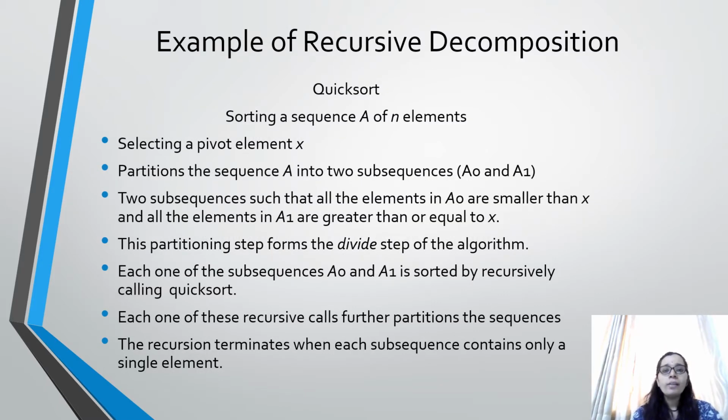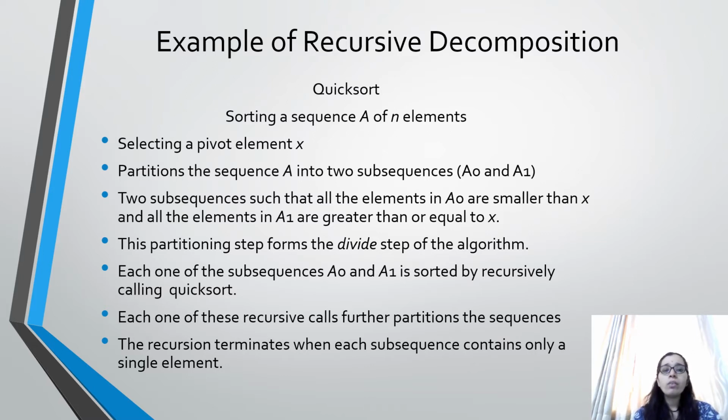To understand recursive decomposition, let us start with an example. The first example is quicksort, that is, sorting elements using the quicksort method. We assume we are sorting a sequence A having n elements.